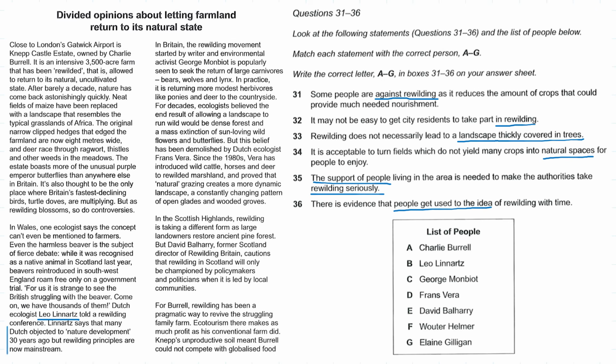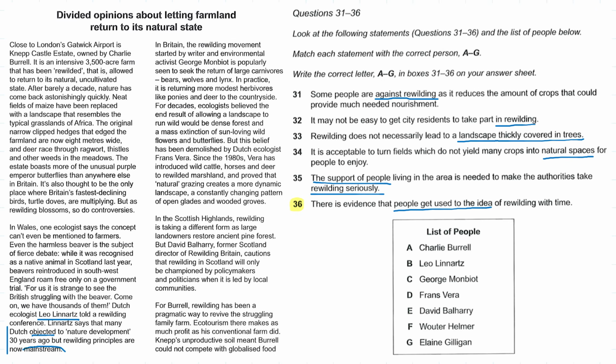And we read this. So he says, many Dutch objected to nature development 30 years ago, but rewilding principles are now mainstream. So he compares what was in the past, they objected, and now it's mainstream, it's popular, it's accepted. And this reminds me of this statement. 36.